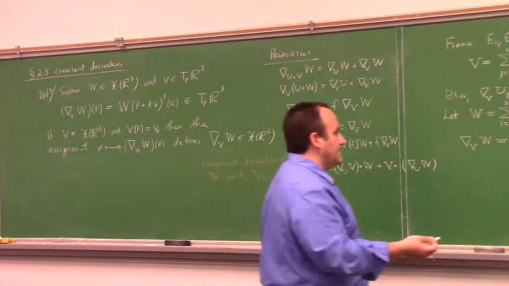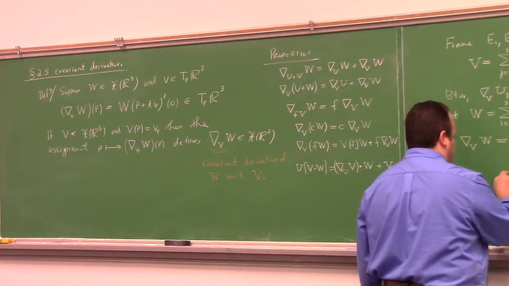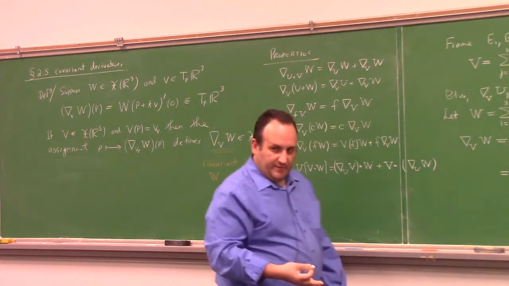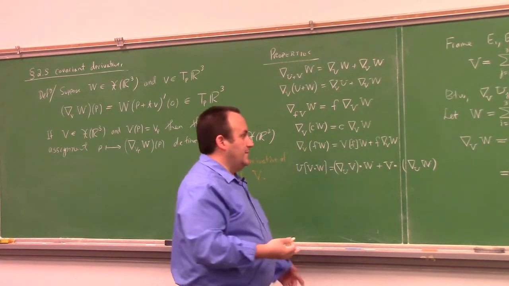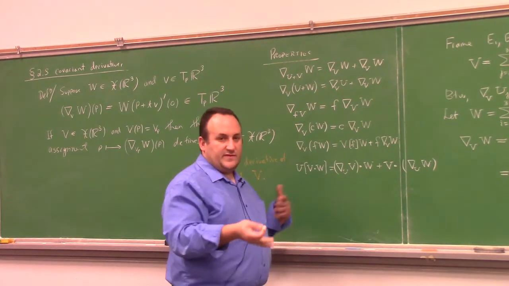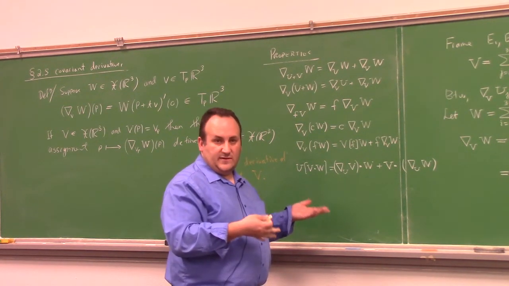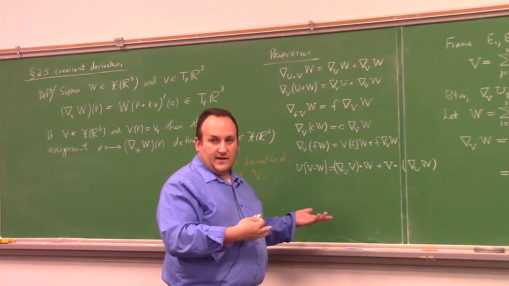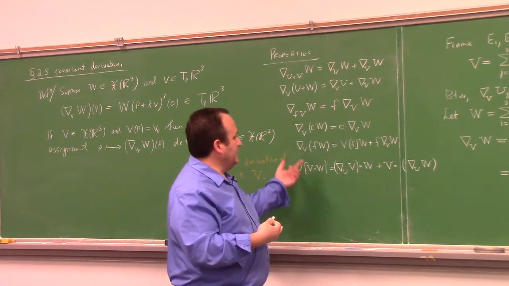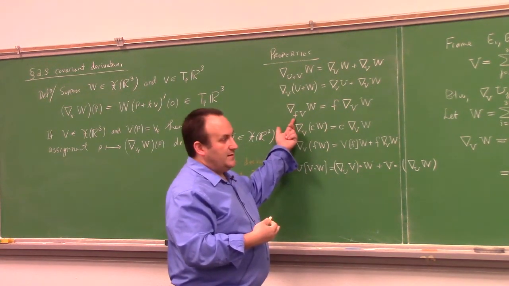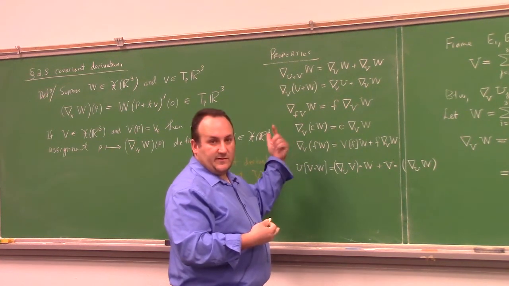Okay, so if we believe the properties of the covariant derivative, then we can pull both of the summations out. It's additive in both slots. And we're allowed to pull out functions from the V entry.